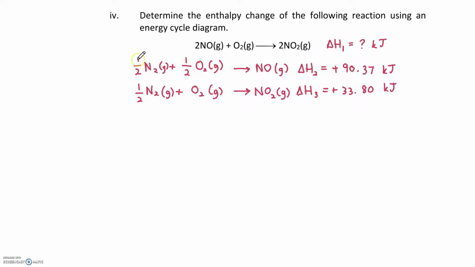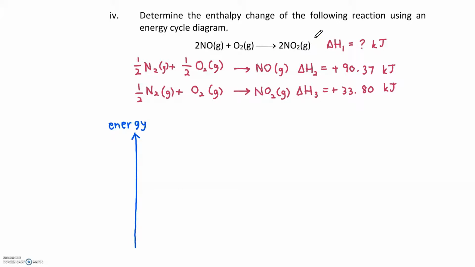So we will use both of these equations in the energy cycle diagram. We can start from any of the known equation. Let's start with this equation. So this produces NO2, but our target equation produces 2NO2.